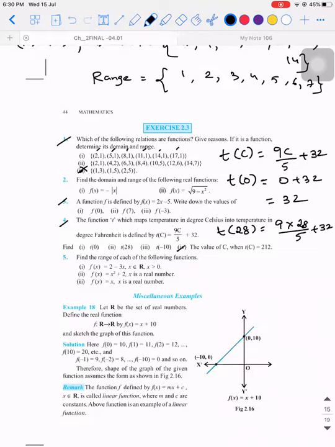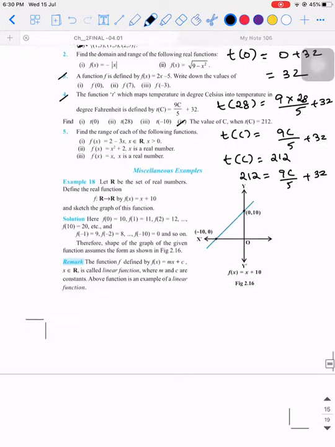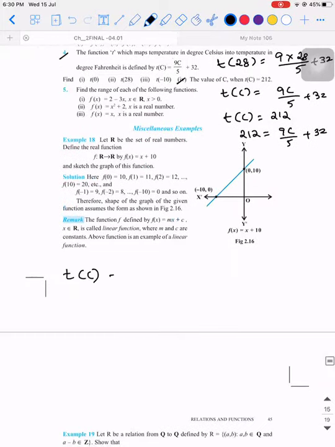They're asking what is the value of c when t of c is equal to 212. So t of c is given as 9c by 5 plus 32.